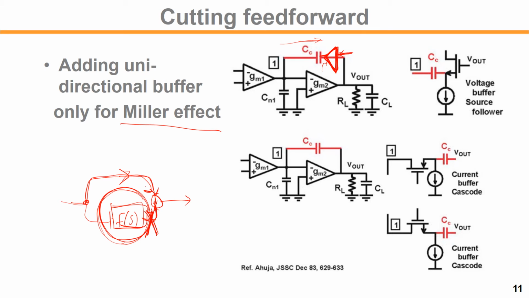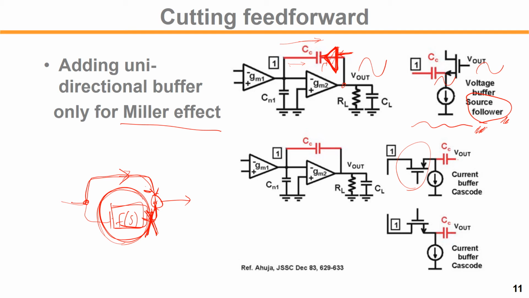One example is like this: a source follower. The signal just passes through this amplifier, just level shifted down, and then the same signal goes through this compensation capacitance. But the signal cannot propagate from left to right, right? Because of this amplifier, which can be a source follower or a common gate amplifier like this.